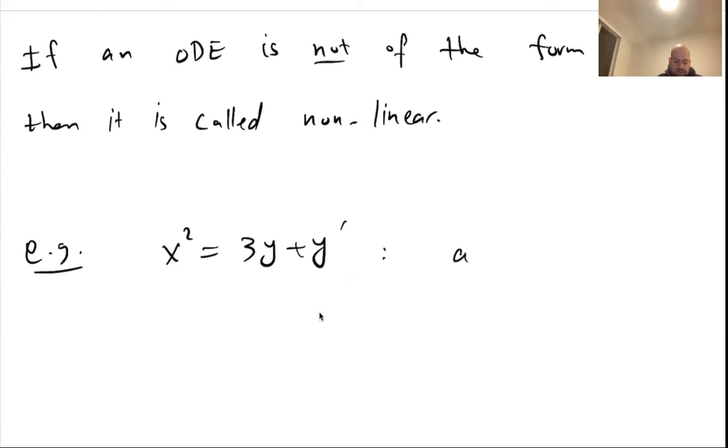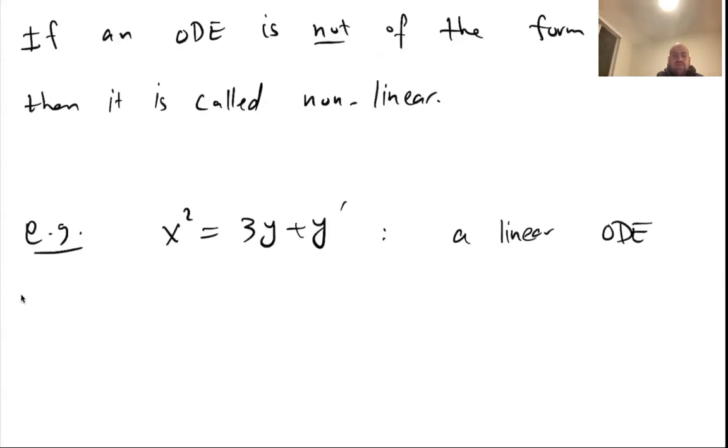So this is a linear ODE, right? Because it's linear in y and y prime. It's not linear in x because there is a power 2 of x, but that's okay. A linear ODE, according to the definition, doesn't have to be linear in x. It has to be linear in y, y prime, and all derivatives of y.